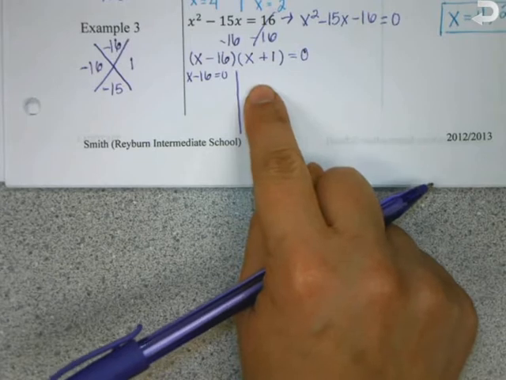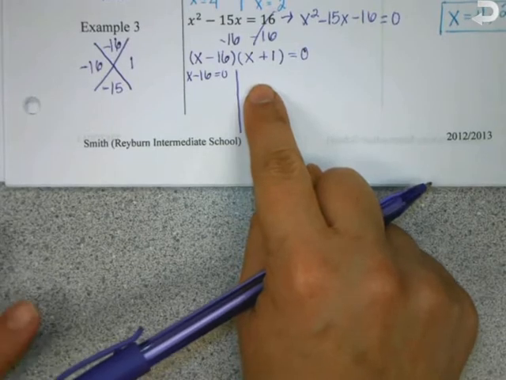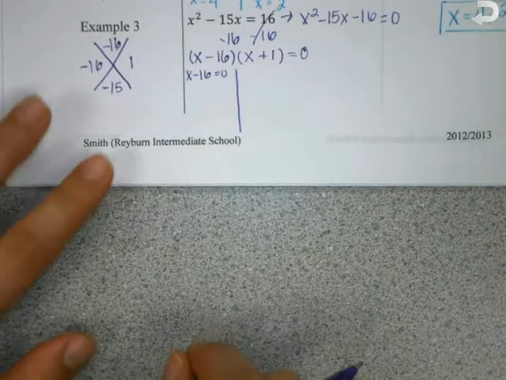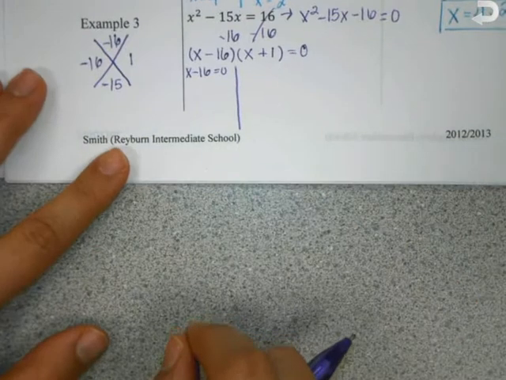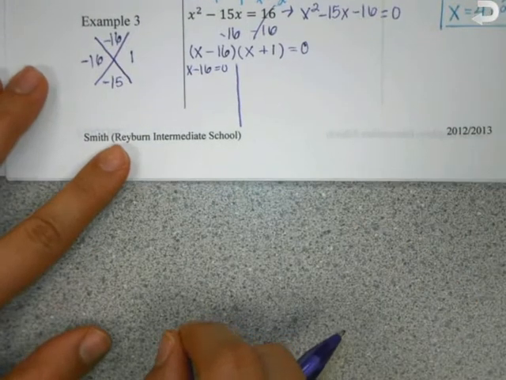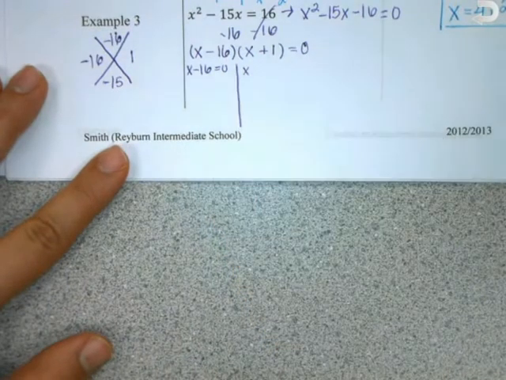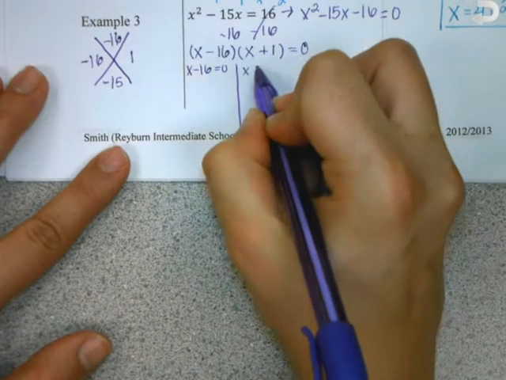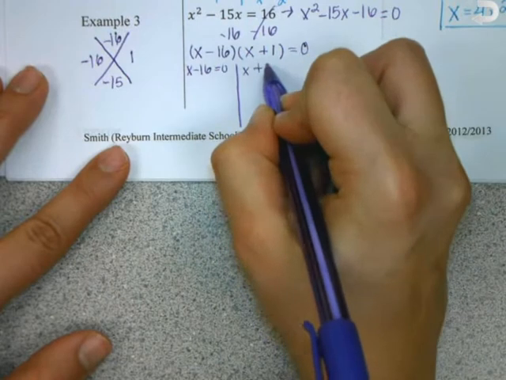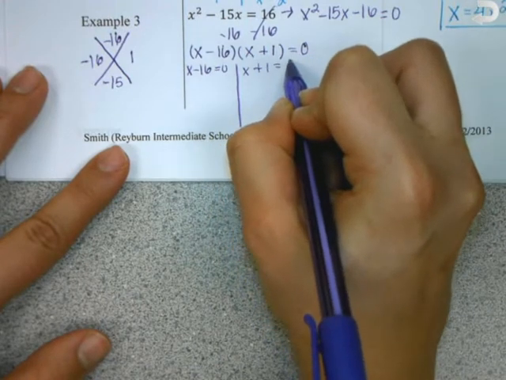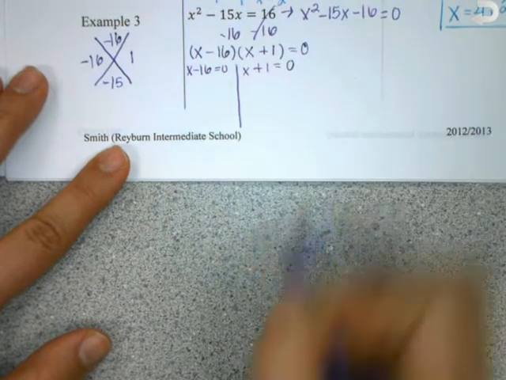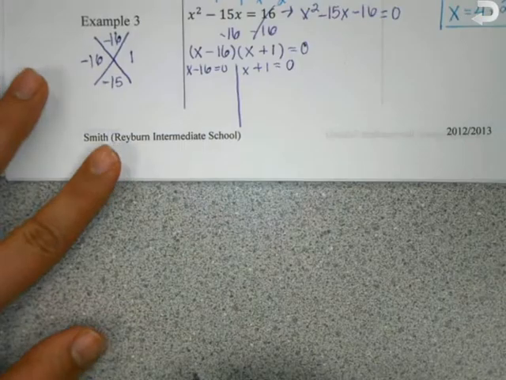Maddie, what would I write on the right-hand side? No, the whole problem, not the answer. So you get x plus 1 equals 0. Okay, what I want you all to do right now, solve both of those, get an answer for x.